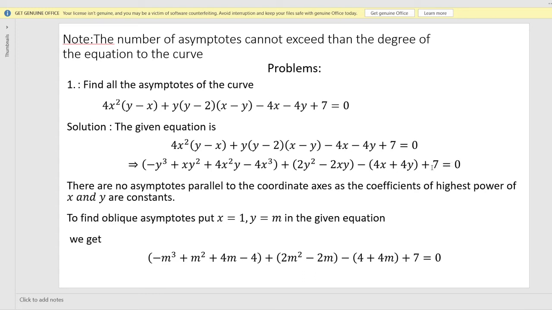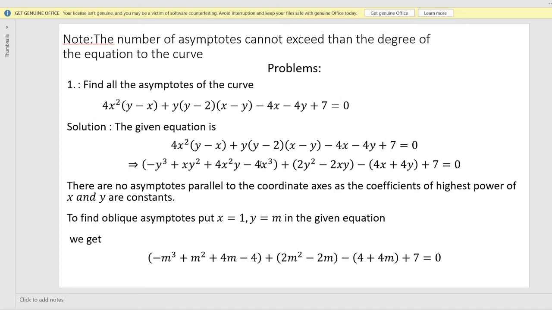Here there are no asymptotes parallel to the coordinate axes, because of the coefficient of the highest power of x and y. Look here, the coefficient of the highest power of x, x cube, is minus 4. That is a constant. If the coefficient of the highest power of x is constant, then there is no asymptote parallel to the x-axis.